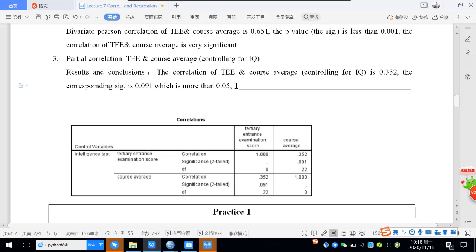So it means when IQ is controlled, the relationship between TEE score and the course average is not significant because it's more than 0.05.